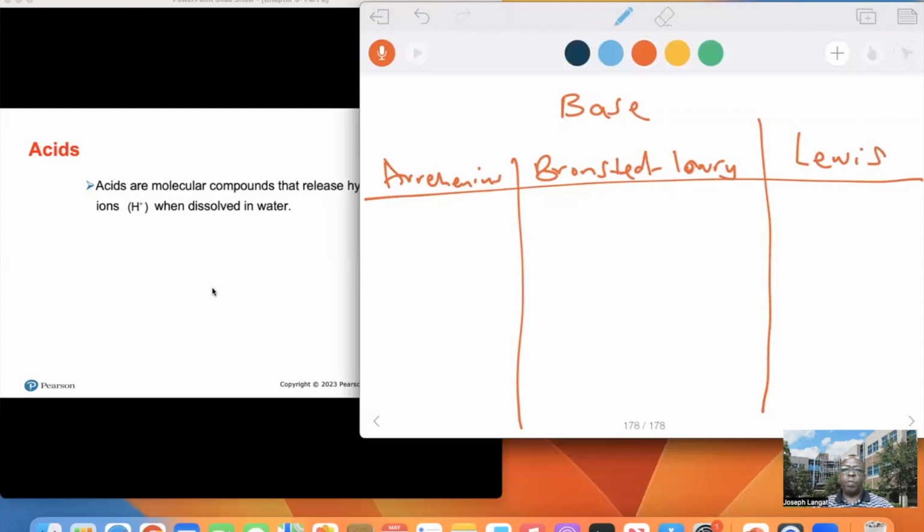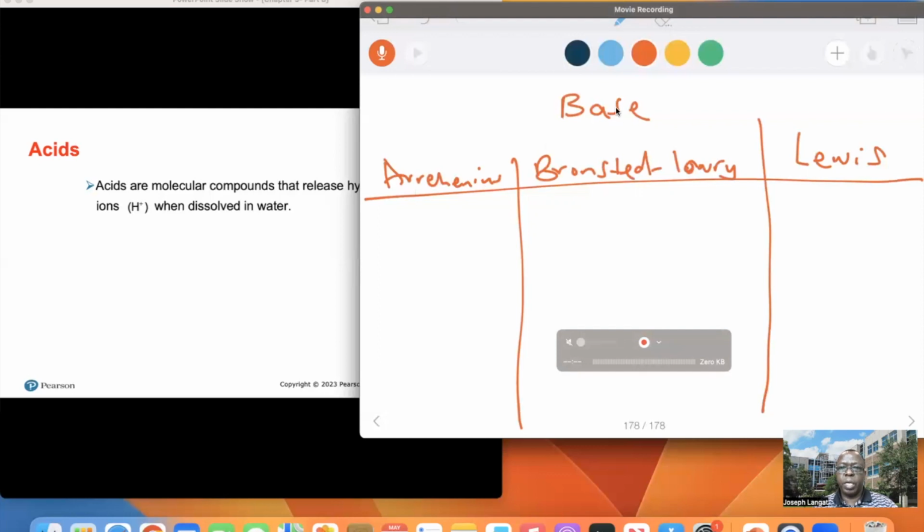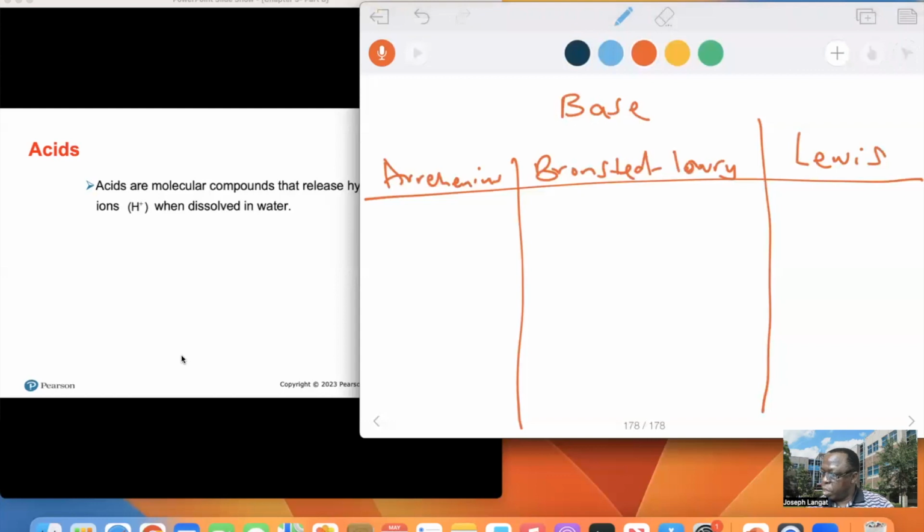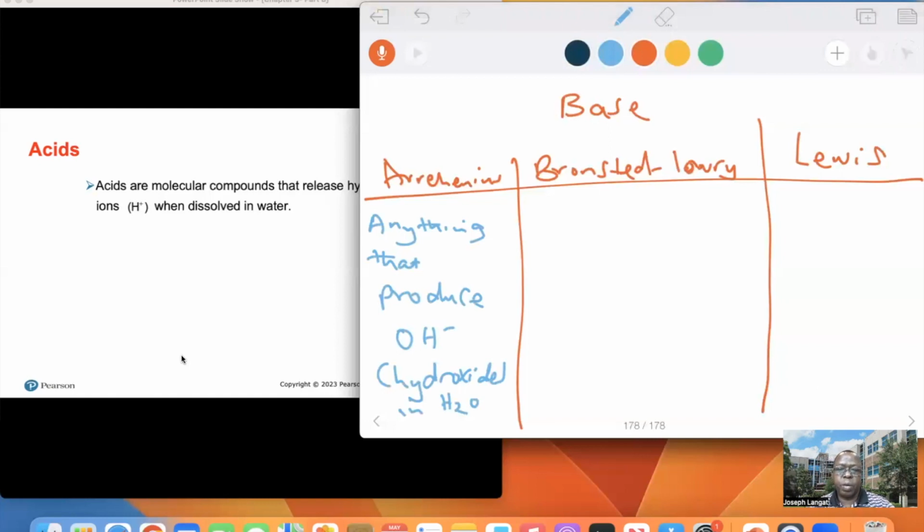So you should know the definition of a base according to Arrhenius, base according to Bronsted, and base according to Lewis. Here you can say anything that produces OH, this is hydroxide, by the way, hydroxide ion in H2O. When dissolved in water, it produces hydroxide ion. The key thing here is hydroxide.